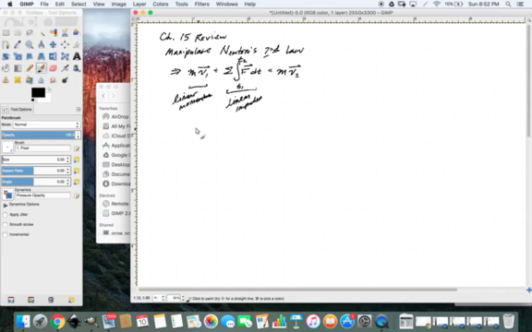And we did in class, and it's in your book, describe this useful tool called a momentum impulse diagram.